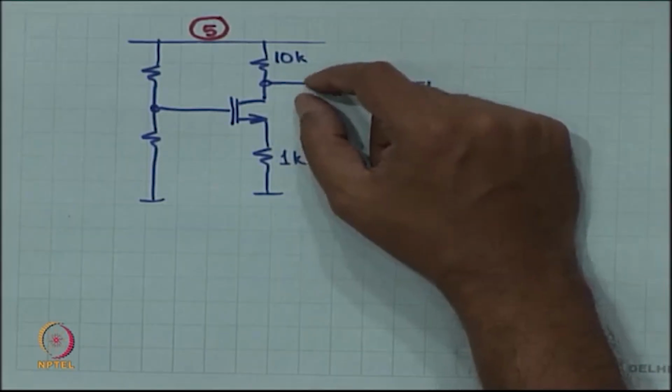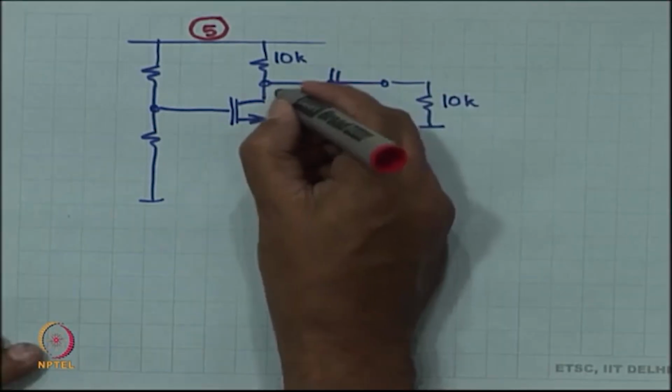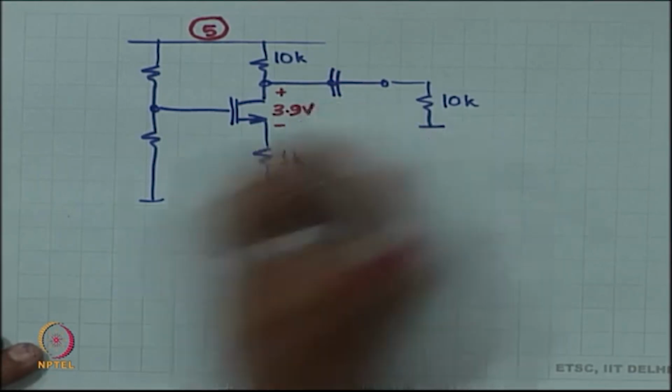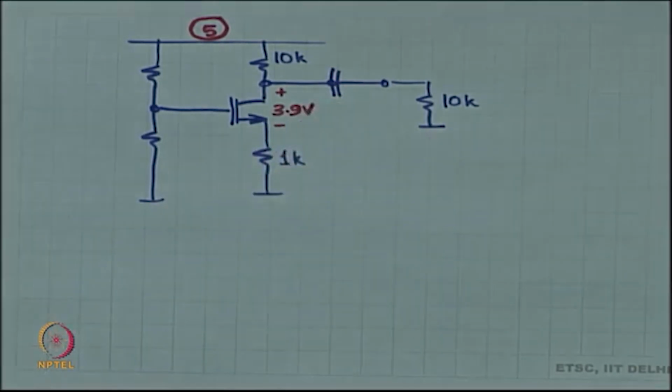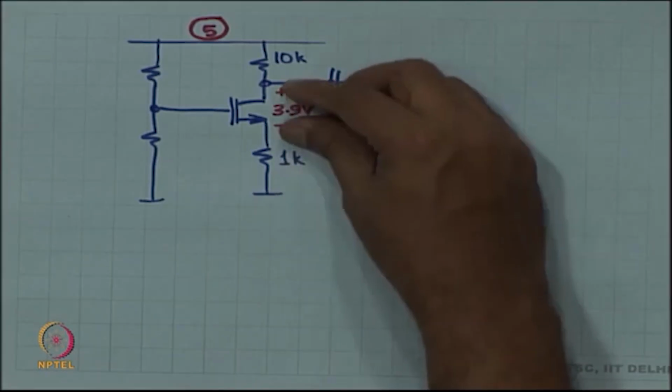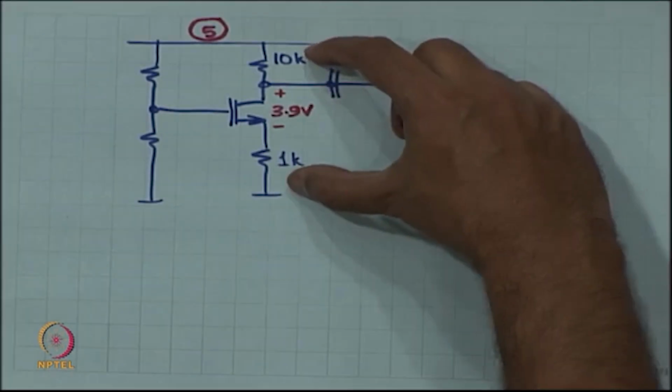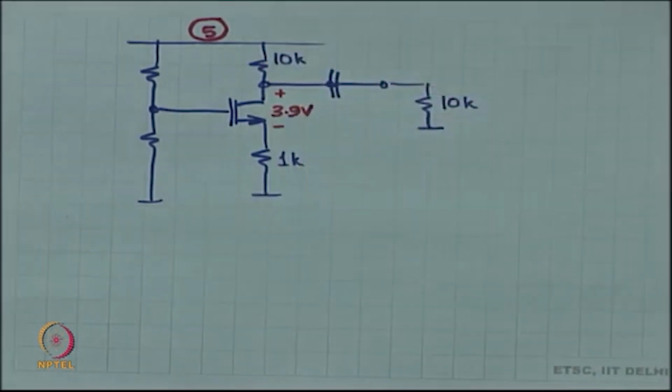What would be a nice number? 3.9 volts would be nice, of VDS at DC. So, the DC operating point I am going to budget, this is just a budget. So 3.9 volts over here, so 1.1 volt between these two resistors, which means I can afford a current of 0.1 milliampere.